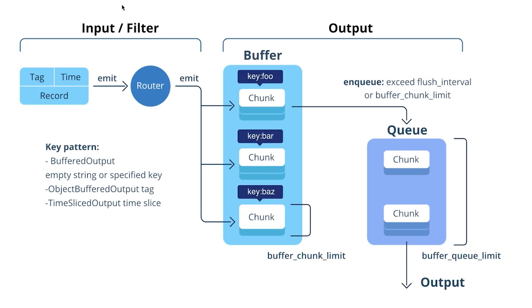Once the data is input into Fluentd, it goes into the router mechanism. So based on the value of that tag, this is where routing happens. If the tag says foo, it might go to one system. Bar sends it elsewhere. So each event, once it's routed to different outputs, can be buffered in its own way. Once the buffering is done and you're flushing the buffer, the data goes into a queue.